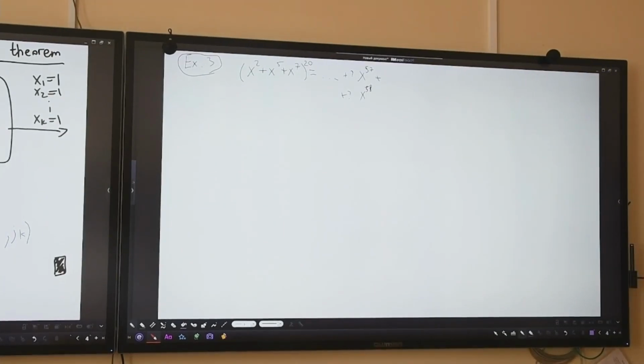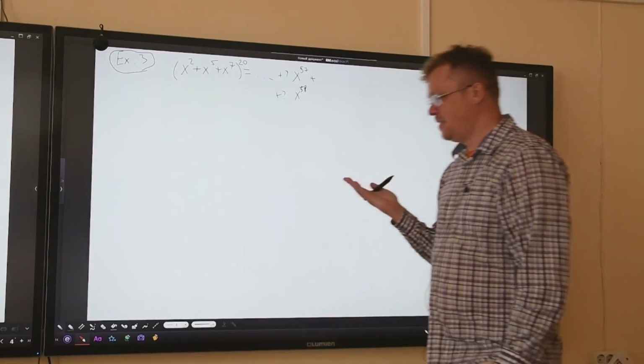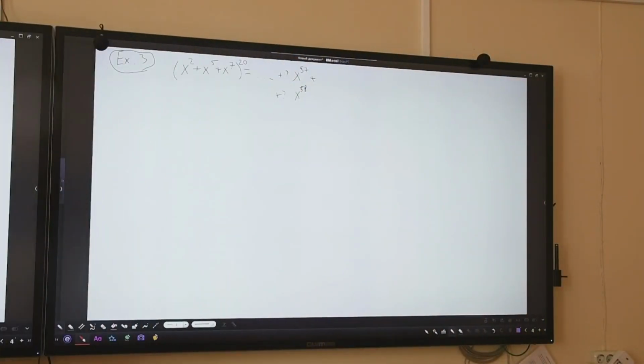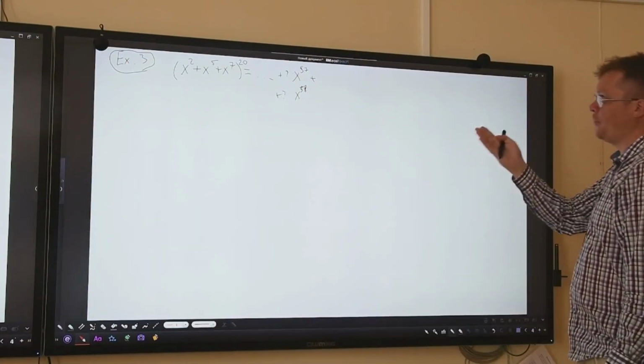Maybe I write a not very simple example, but what simplification can we do here?